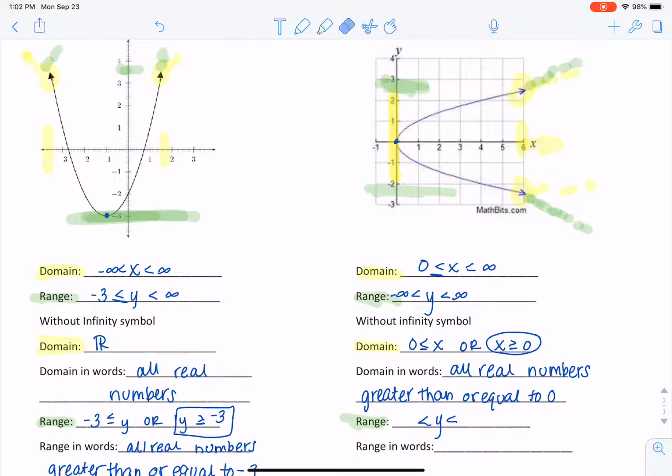And if I want to write that without the infinity symbol, I don't have any numbers to talk about, so I just say it's double bar R. So my range in words is just all real numbers with no stipulation. All right? And that's it. Not hard.